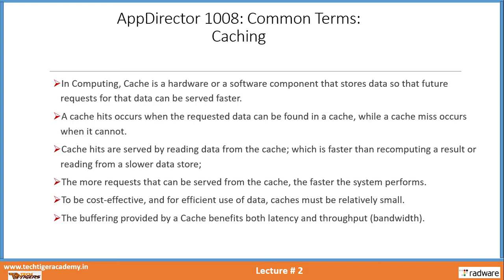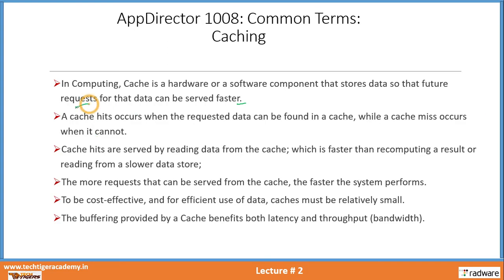Another term that we need to understand is caching. In computing, a cache is a hardware or software component that stores data so that future requests for that data can be served faster. A cache hit occurs when the requested data can be found in the cache, while a cache miss occurs when it cannot.